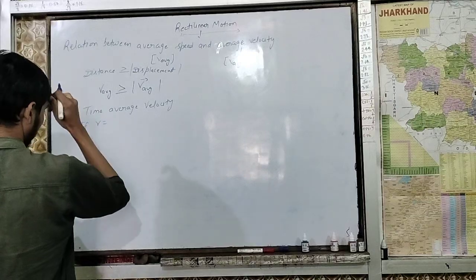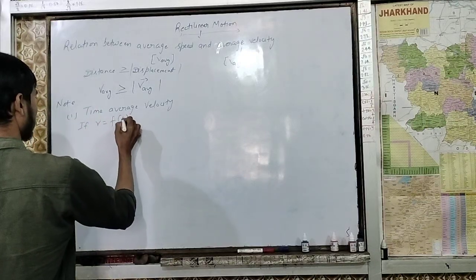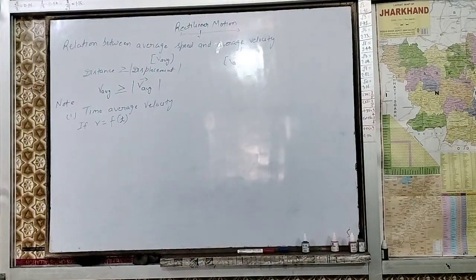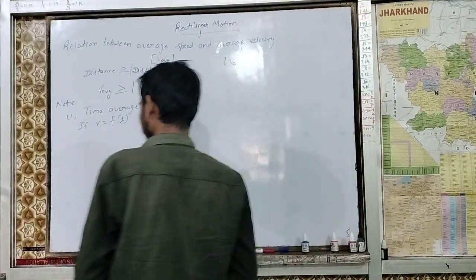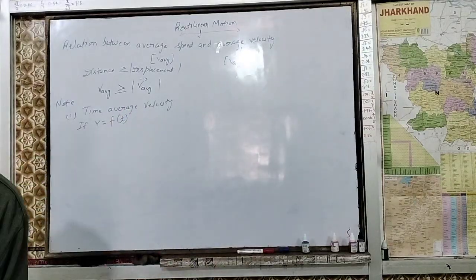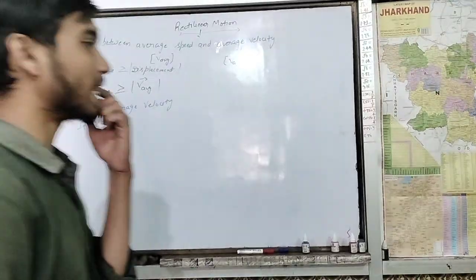If v is given, but t is a function, v is changing with respect to time, and here we will put the value of t, and the question is not providing the value of t. It means this t is a function: insert input and get output.